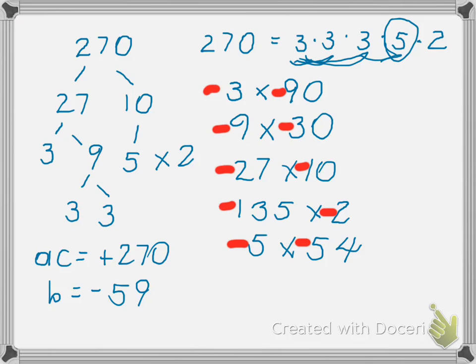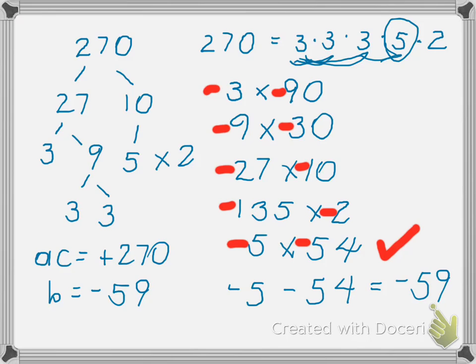And then when you look at these, you see that this pair right here sums to give us the negative 59, because negative 5 minus 54 is equal to negative 59. So that's our magic pair.